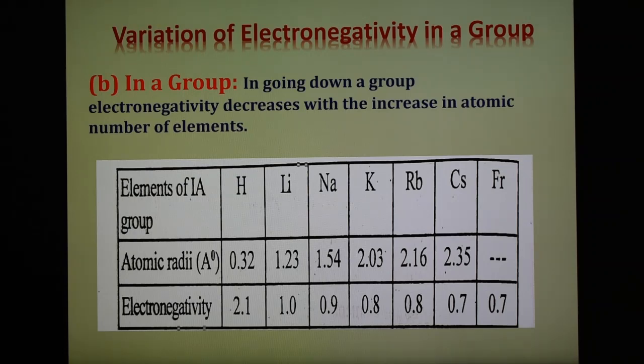In general, we can say that small atoms attract electrons more than bigger ones and are more electronegative. So this is the electronegativity in the group. Fluorine has the highest value of electronegativity of all the elements.